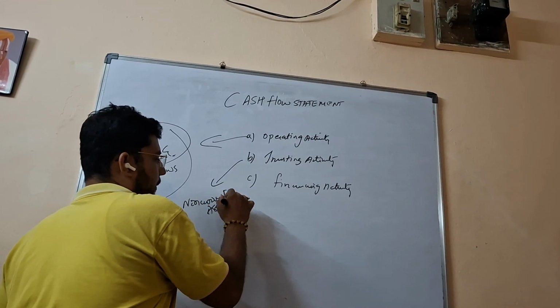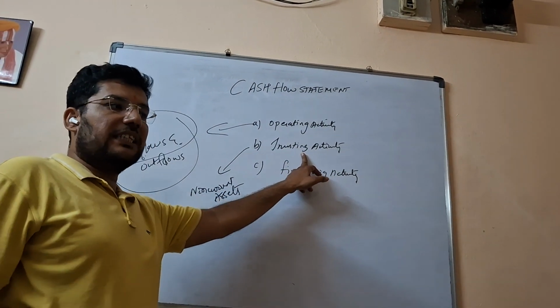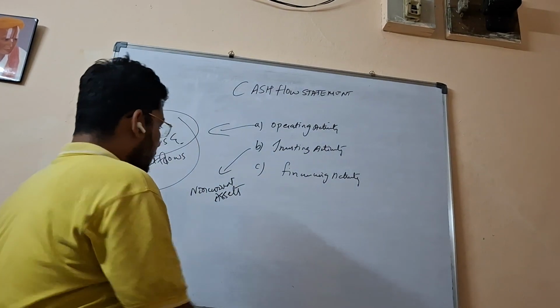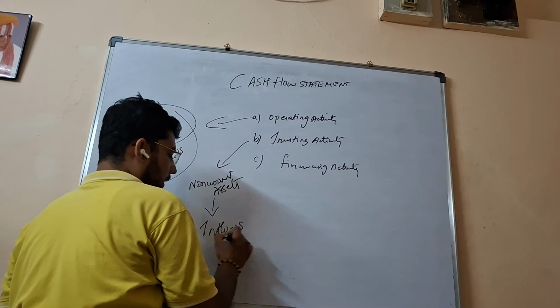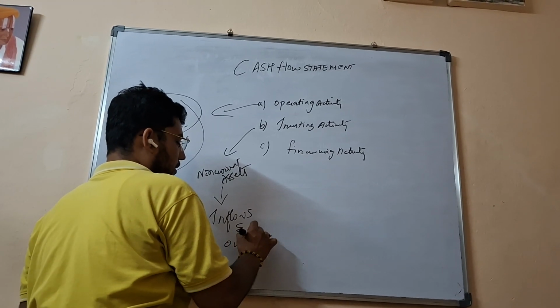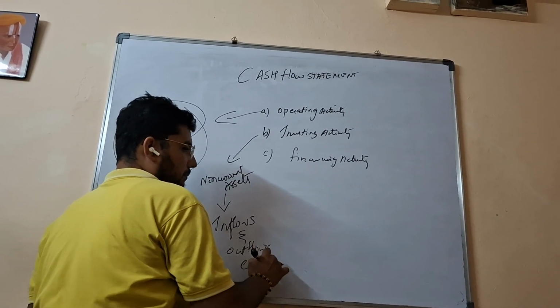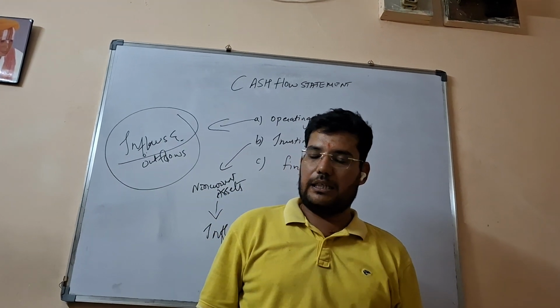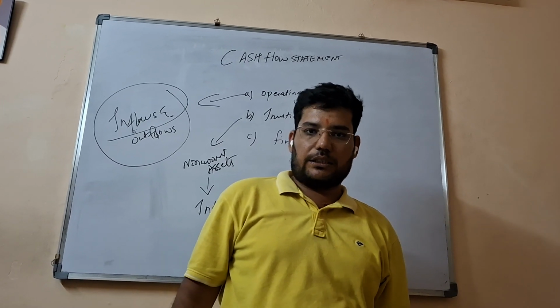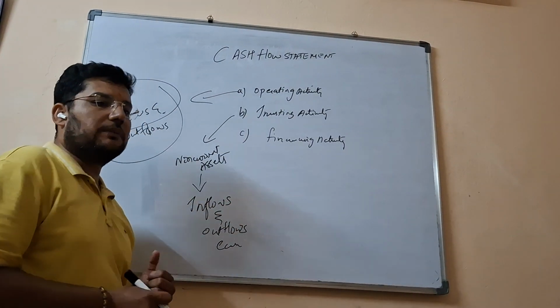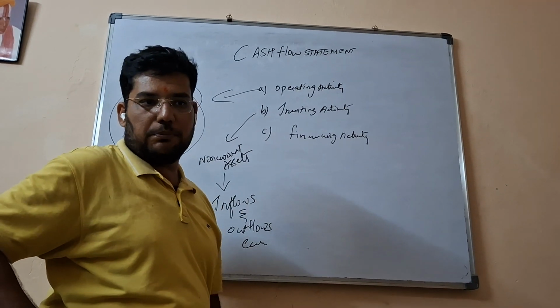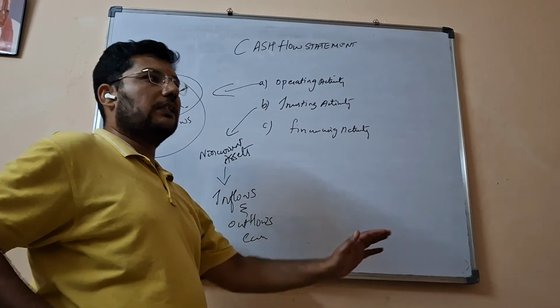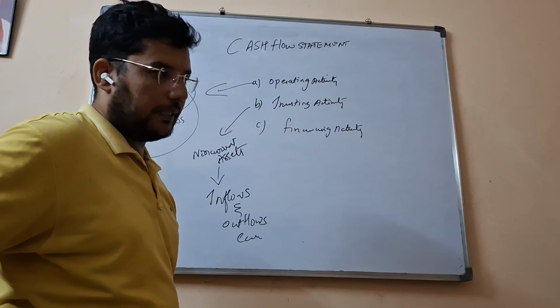So the investing activity consists of the inflows and outflows of cash from the non-current assets. That is investing on tangible assets, intangible assets, and the investments made during the year, that is in the other businesses as well.